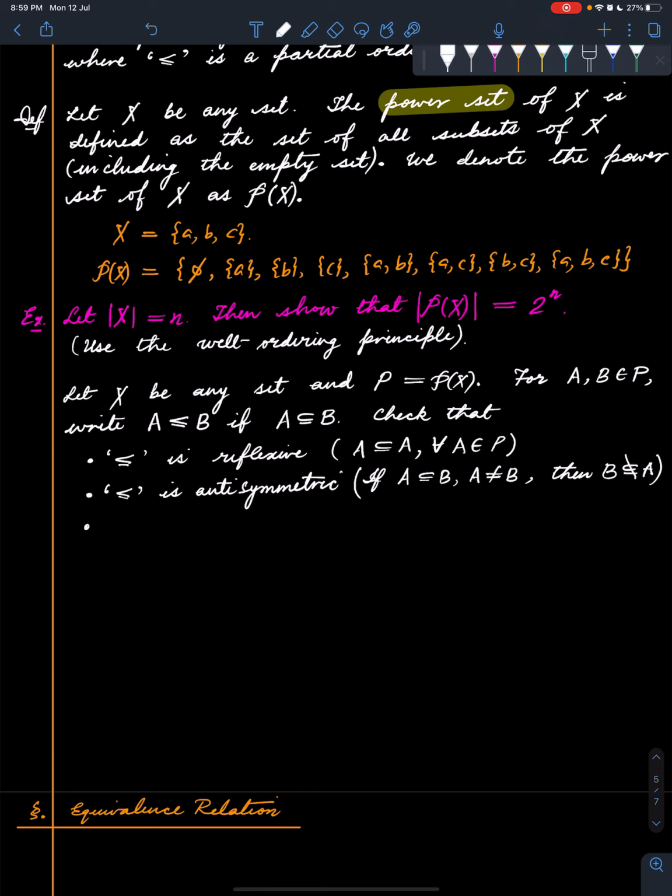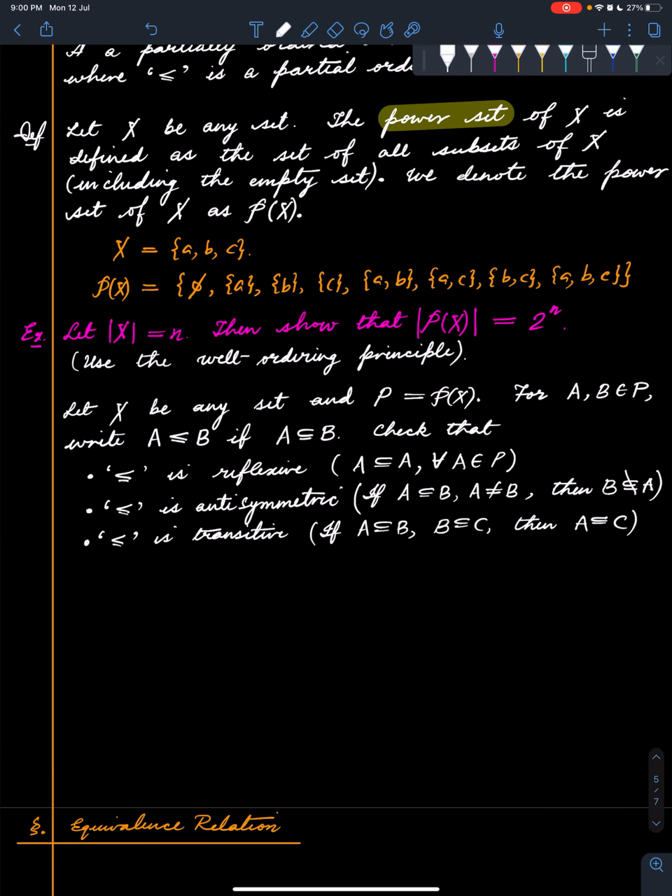And the third thing is transitivity. Which means what? If A is contained in B and B is contained in C, then A is contained in C. Okay? So just check all these things. Hardly anything to check though.